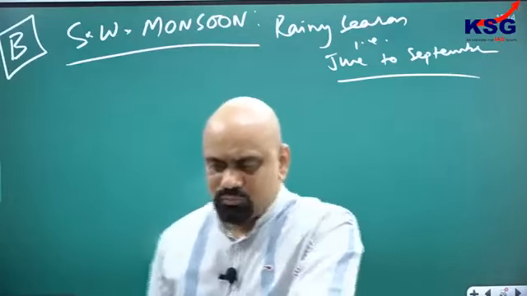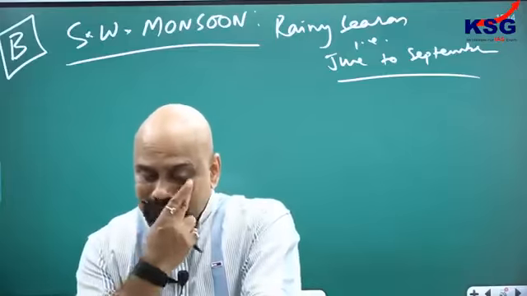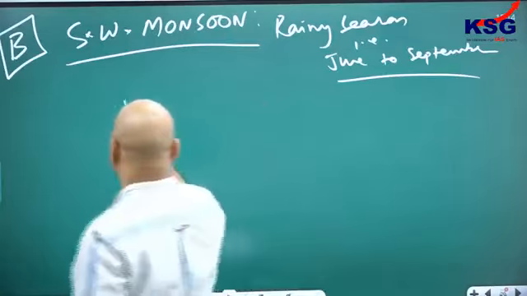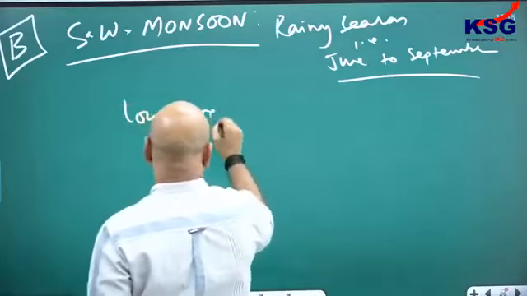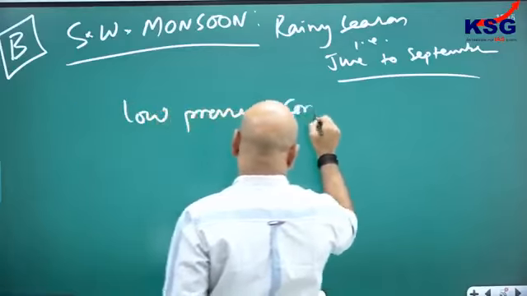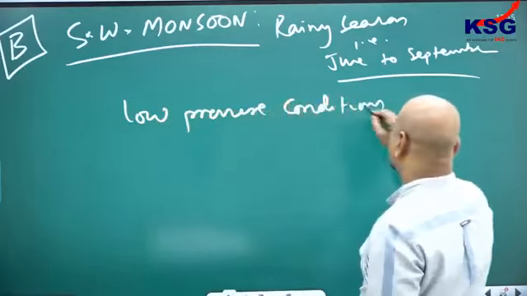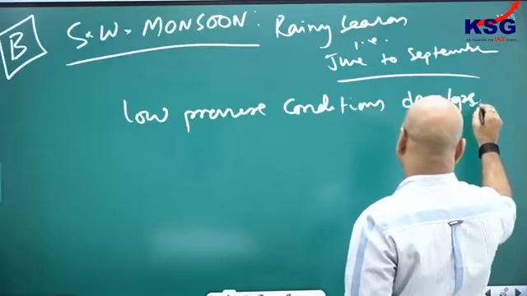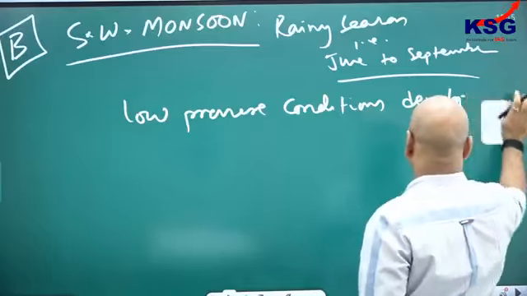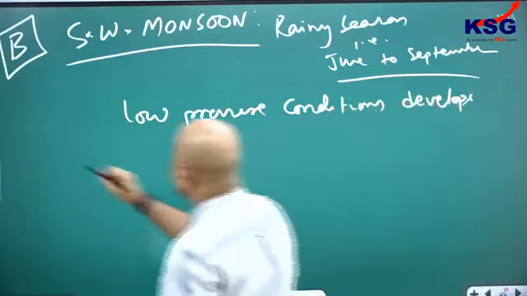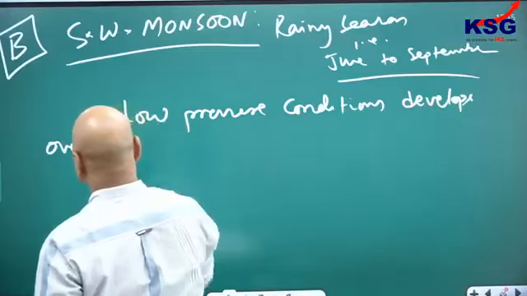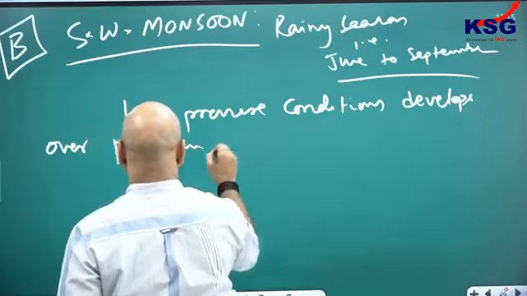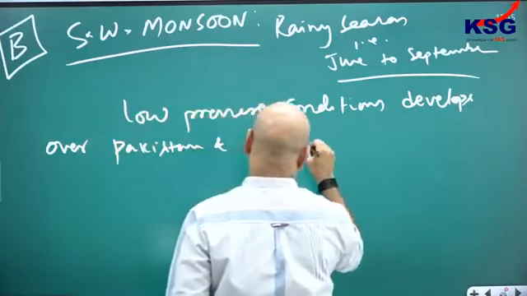During this time, by June, a low air pressure belt is formed over northwest India and Pakistan. Low pressure conditions develop over Pakistan and the northwestern part of India.